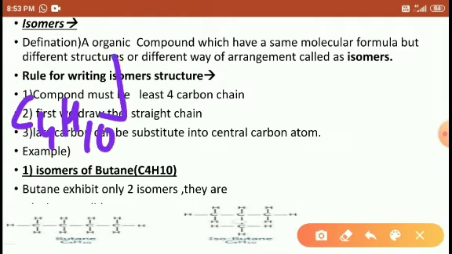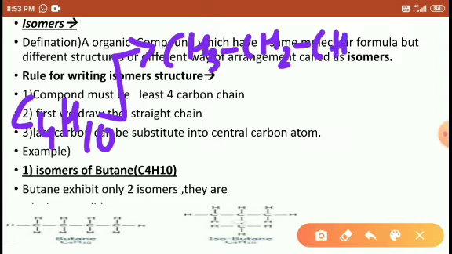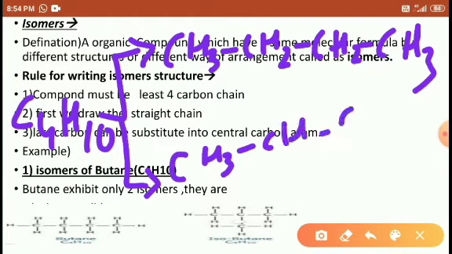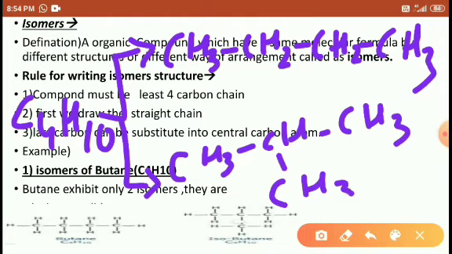C4H10, I will write in two different forms, CH3, CH2, CH2, CH3. I will write one more form here, CH3, CH, CH3, CH3. So count the carbons, 1, 2, 3, 4 carbons.